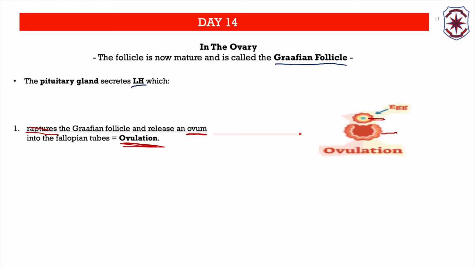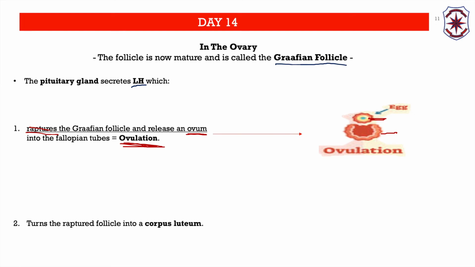There is no follicle, no ovum in the first 13 days. We only find an ovum after day 14. Therefore, after ovulation, we have an ovum and the woman is now fertile.